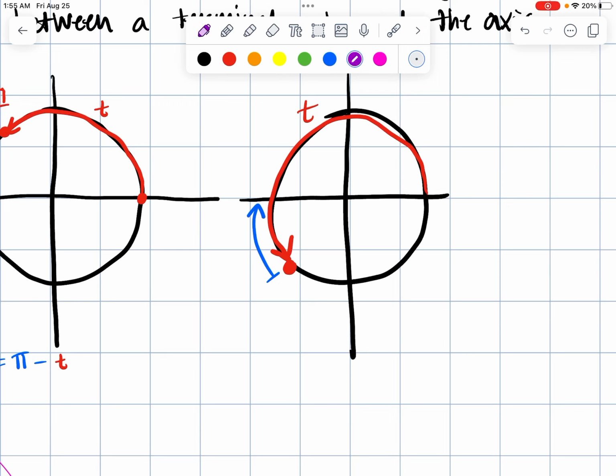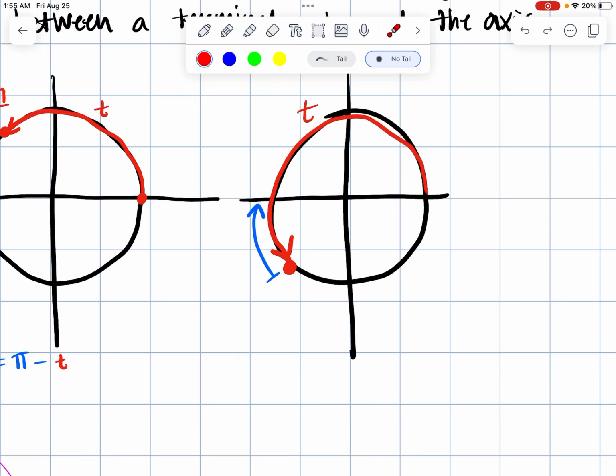We need to consider that this entire length, let me use a laser pointer, this length here is equal to pi because it's half of a circle, okay? But we want to cut this out because we are only concerned about this distance in blue.